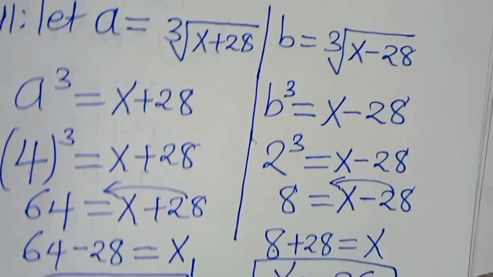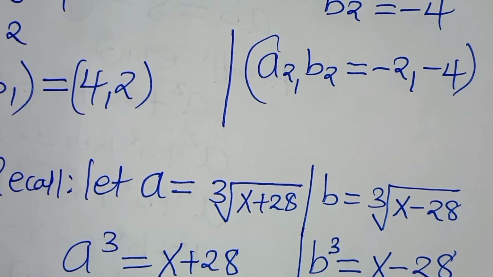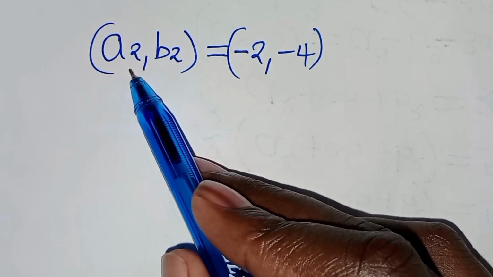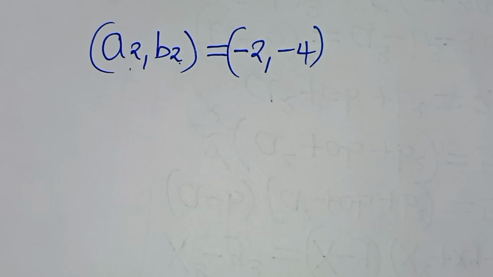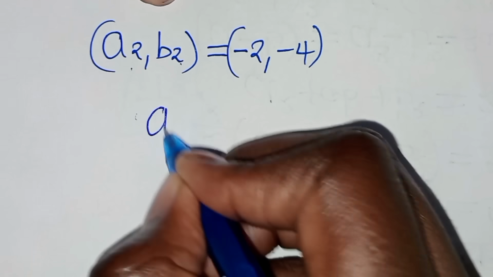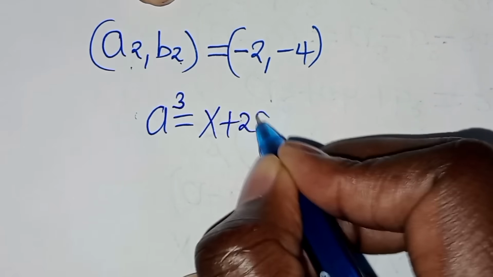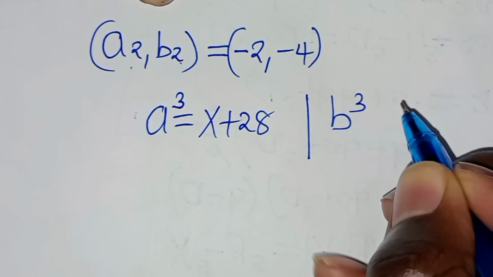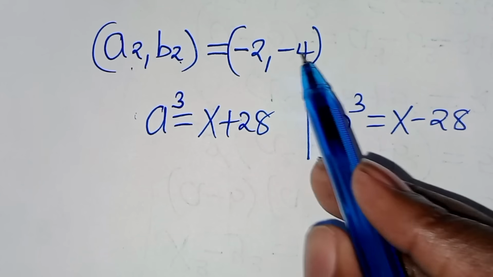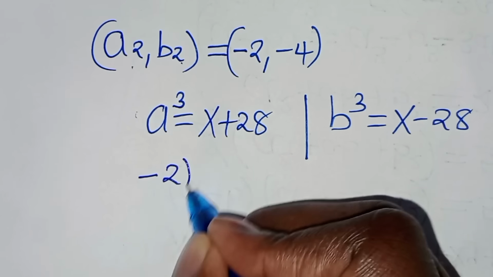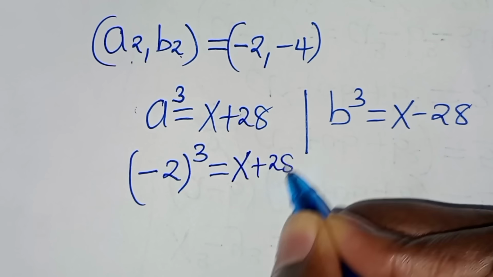So let's check the second set of solutions here, that is A2 and B2. Now from the second set, A2 and B2, which are minus 2 and minus 4, let's solve for the corresponding values of x. Now we have that a to the power of 3 is equal to x plus 28, and b to the power of 3 is equal to x minus 28. So let's substitute the values of a and b. So we have minus 2 raised to the power of 3, which is equal to x plus 28.